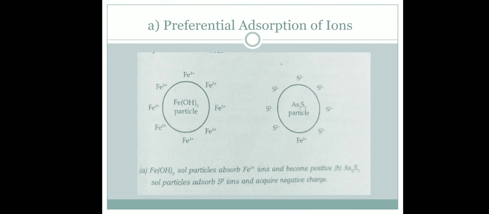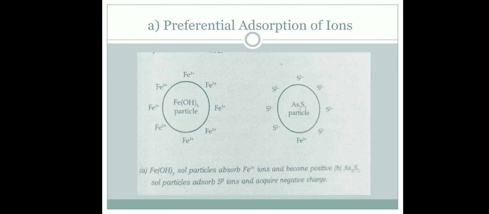Preferential adsorption of ions. The charge on colloidal particles results from the preferential adsorption of either positive or negative ions on the surface of the particle from the medium in which they are prepared. For example, in the preparation of ferric hydroxide sol, the preferential adsorption of Fe3+ ions on the surface of the particles of ferric hydroxide takes place, which is shown in the first figure.